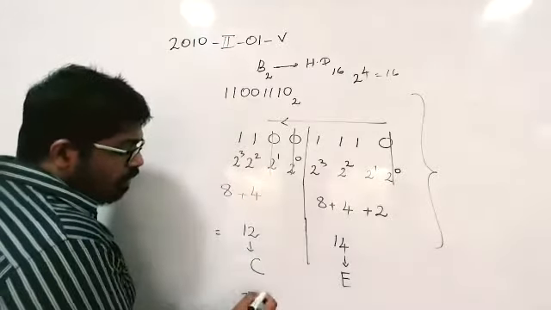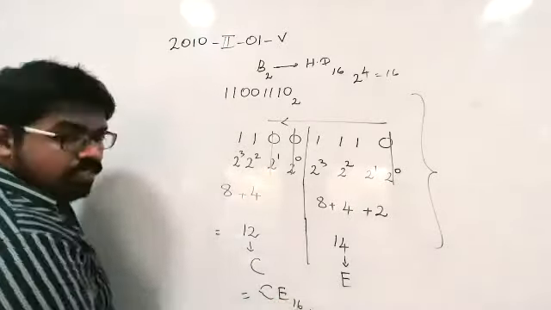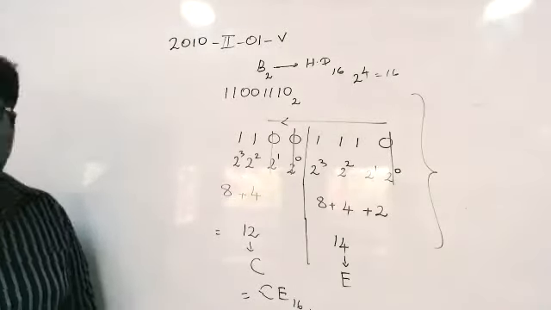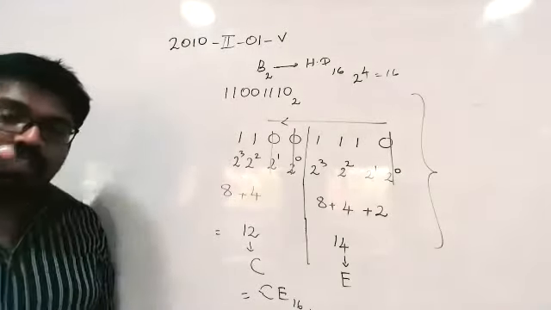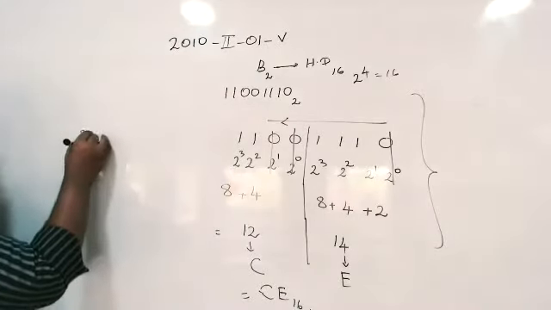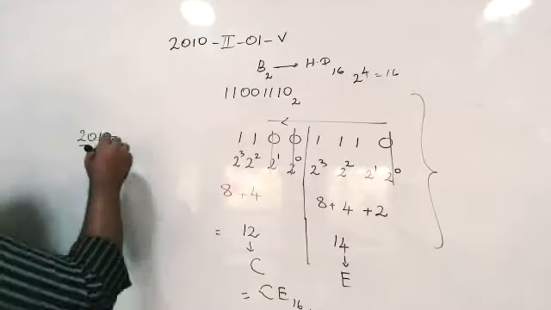So the answer will be CE base 16, right? So this is a 2 mark question. For these steps, there will be 1 mark, and the final answer will have 1 mark. So altogether 2 marks. So in the 2010 paper, you can realize the importance of unit 3, right?